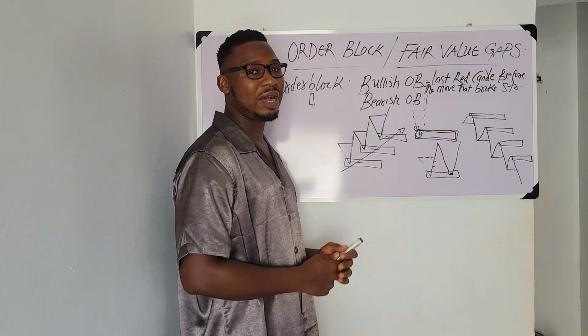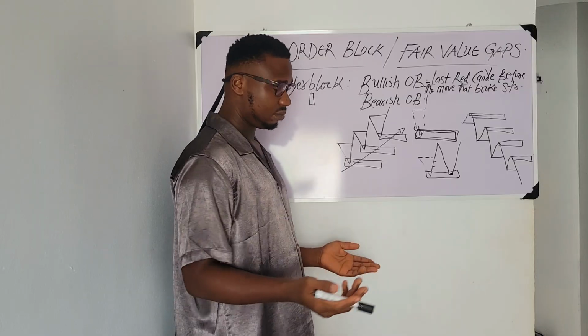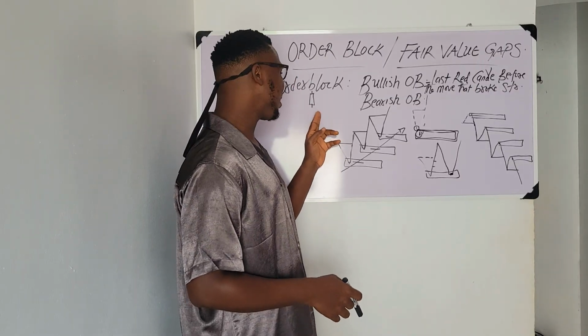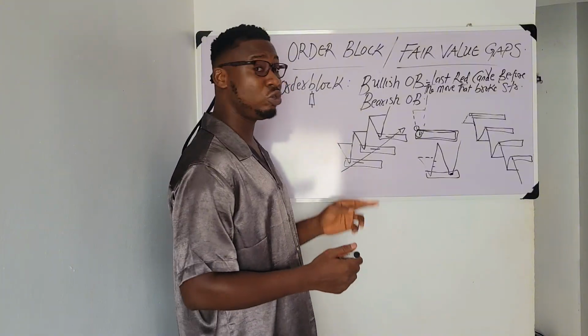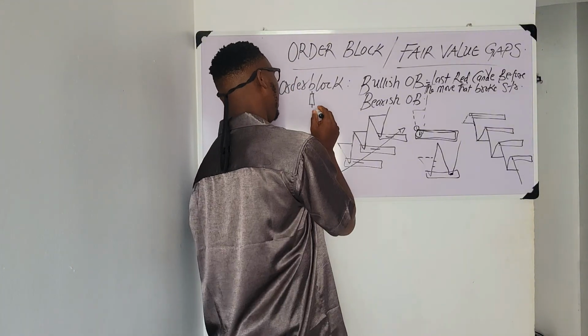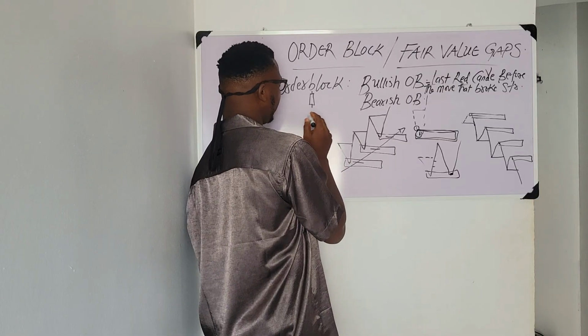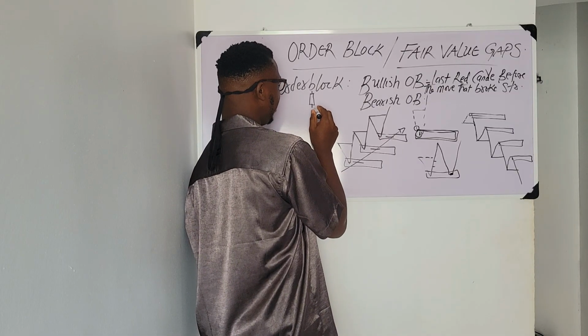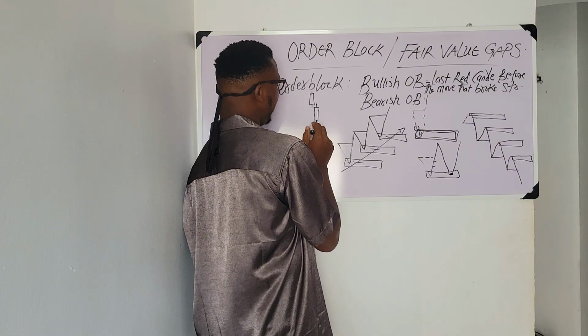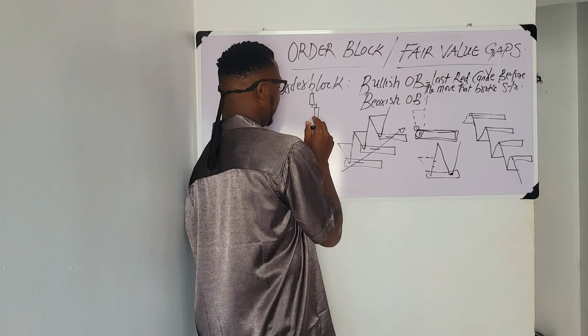This drawing is for the Japanese candlestick pattern. You know, in the chart we have the line chart, we have the Japanese candlestick. I'm using it to show you an example of what a fair value gap is. So we have another candle here, and then we have another candle here.